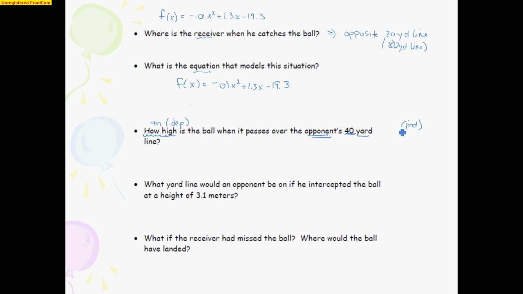The opponent's 40 was our what? So, how do I answer that? If you're given an x, they want a y. Given an x, what is the y? This is how you get credit for showing me that, with a calculator, you're plugging in for the independent value. And then I use my calculator.